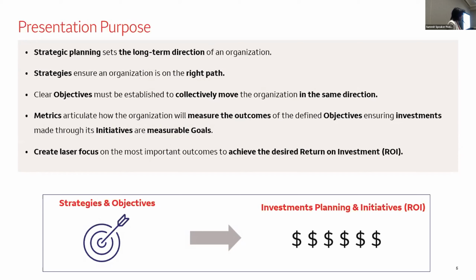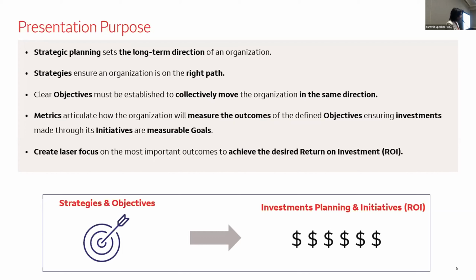It's also critical that you have metrics that articulate how the organization is going to measure effectiveness of those objectives and the investments for those initiatives. I assembled a group of product owners, initiative leads, and various leaders in the organization, and like a broken record, I asked, how are you going to measure the effectiveness?